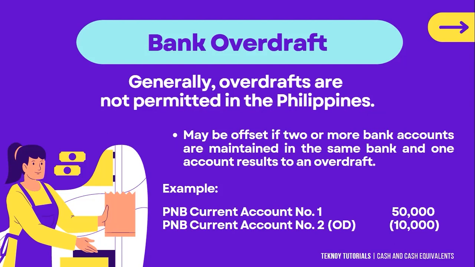As shown in this example, since both accounts are under the same bank, PNB, the 10,000 overdraft can be offset to the 50,000 debit balance of the current account. Hence, in this example, the net amount of current account balance of the entity and PNB is 40,000. Remember, Teknoy, that bank overdrafts are not permitted in the Philippines.